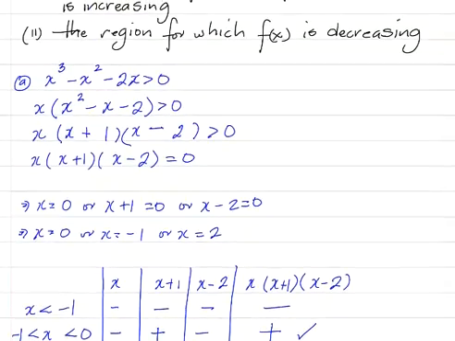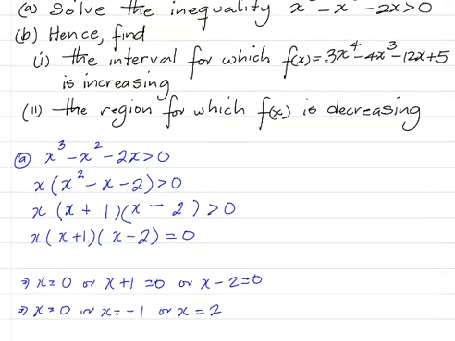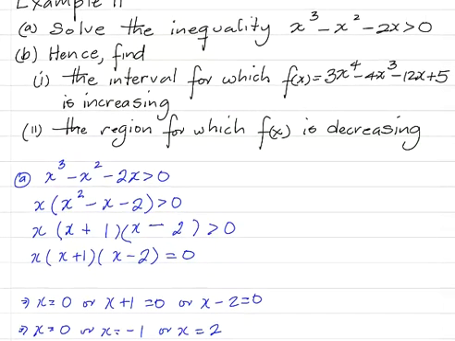The second part of the question, part B, says: hence find the interval for which f of x is equal to 3x to the fourth minus 4x to the third minus 12x plus 5 is increasing.